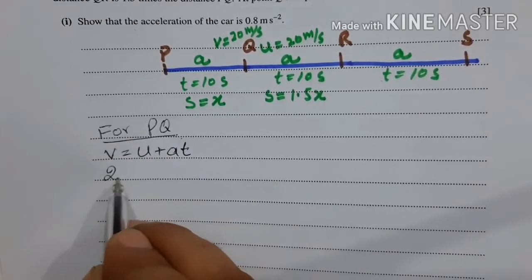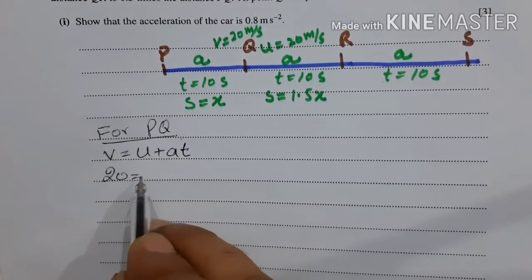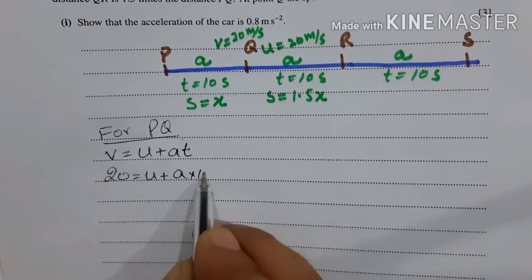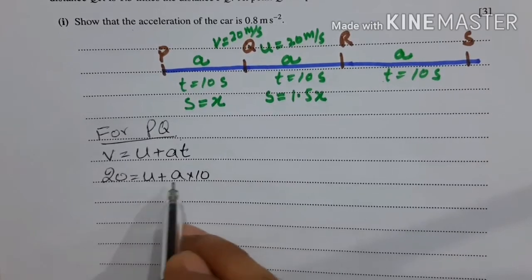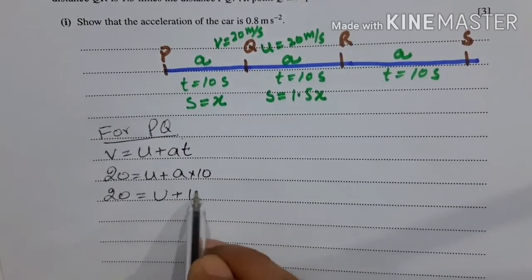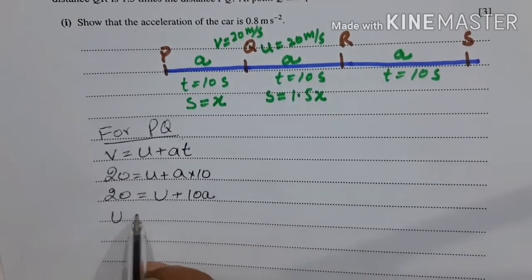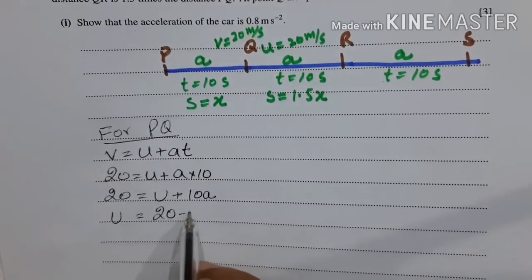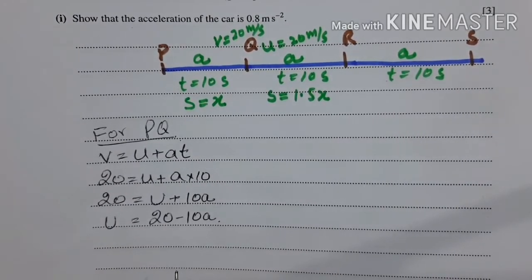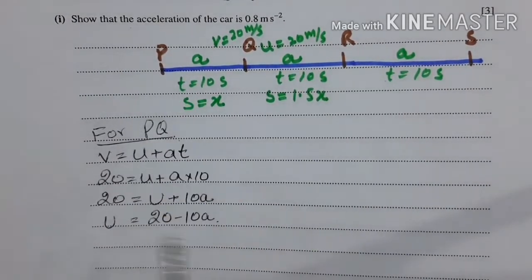So 20 is equal to U plus A into 10. So 20 is equal to U plus 10A, or U is equal to 20 minus 10A. This is the initial speed U for PQ.